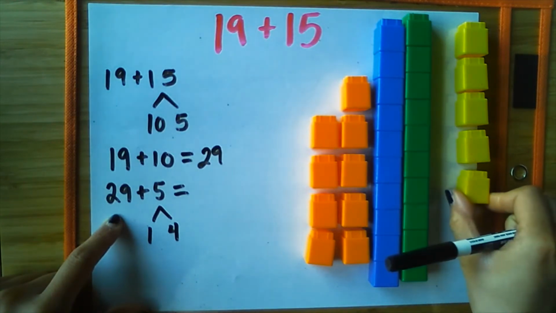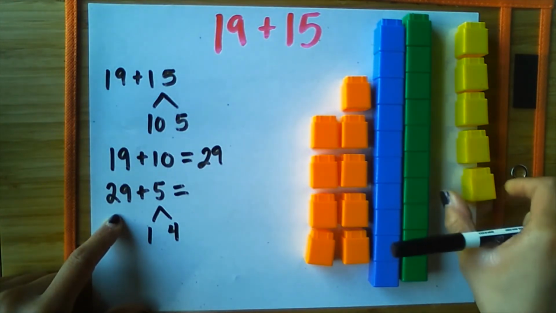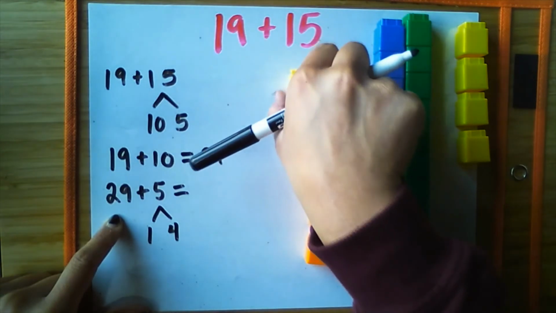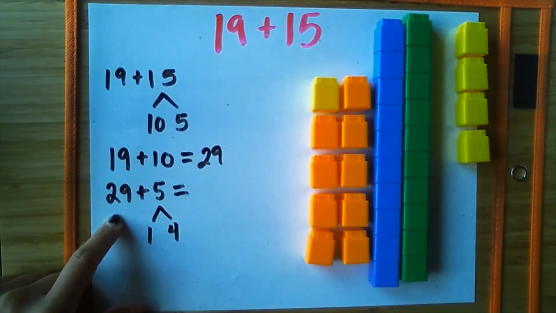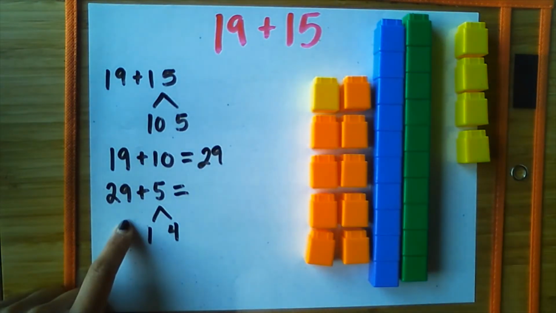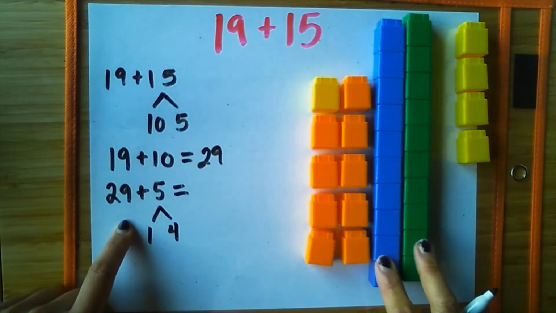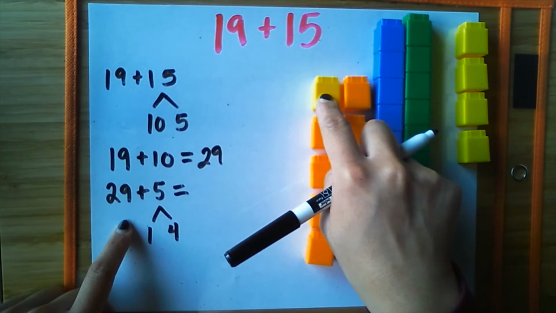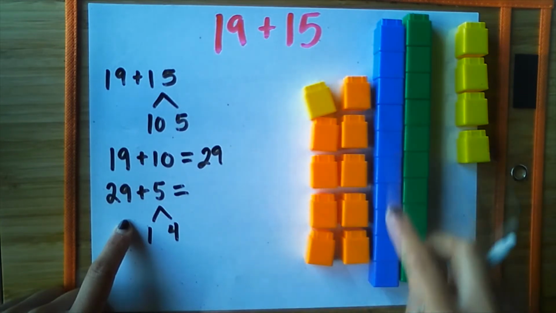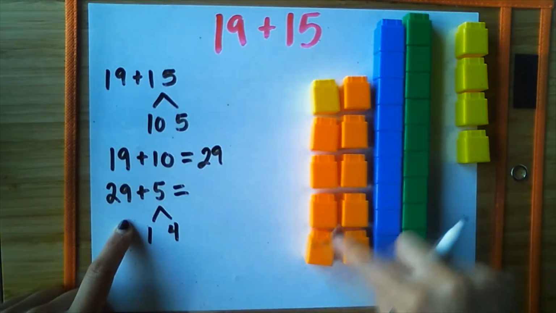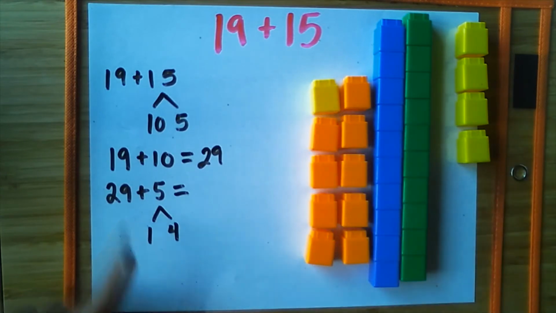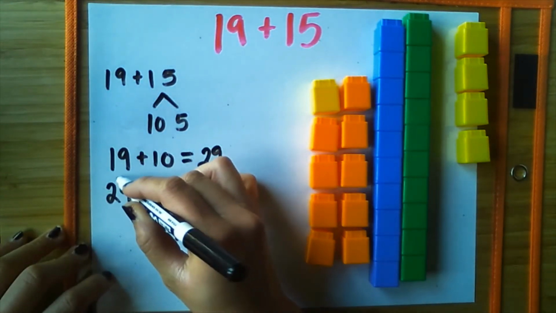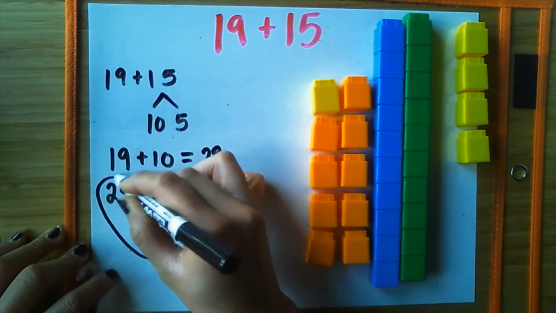I'm going to take 1 from the 5, and I'm going to add a bloop right here to complete a 10. And I know now that this is 20 and that was 29. I added 1 more to make 30, or to make a full 10. So I have 10, 20, 30, and 30.